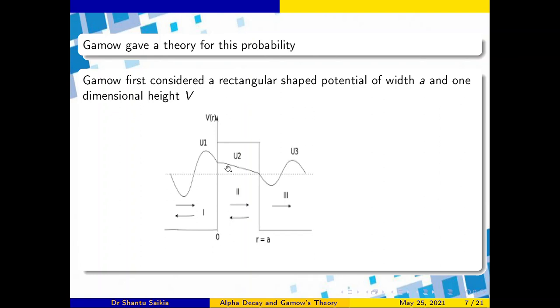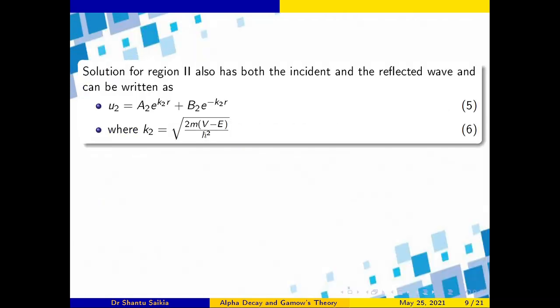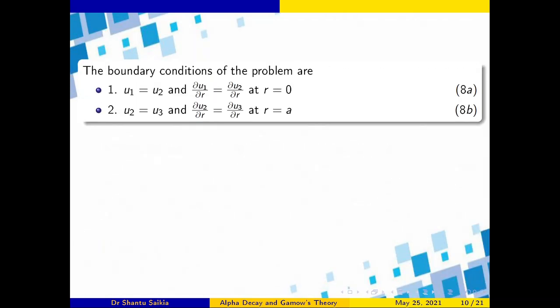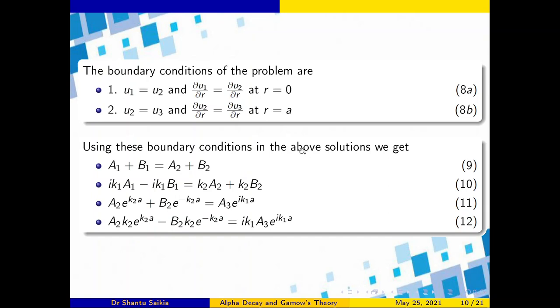These are basically the properties of the wave functions, and U2 should be equal to U3 at this boundary, and the first derivative of U2 should be equal to the first derivative of U3. The continuity of the probability and the momentum of the particle gives rise to these two boundary conditions. So using these boundary conditions in the above solutions, we can get A1 plus B1.